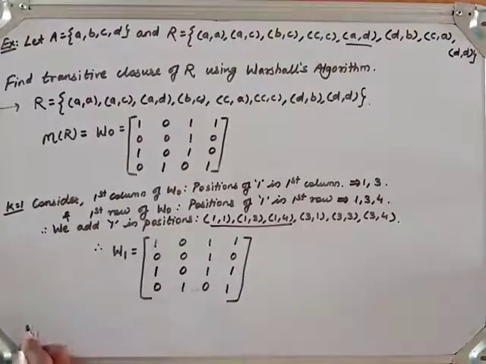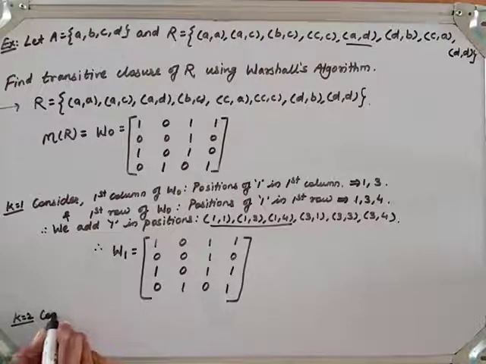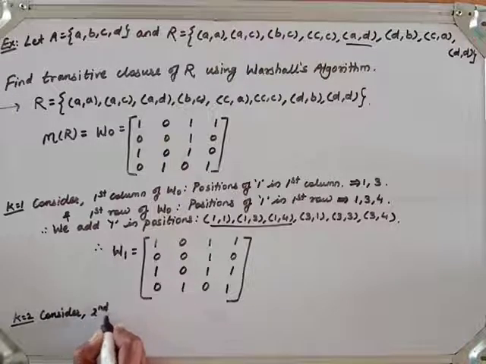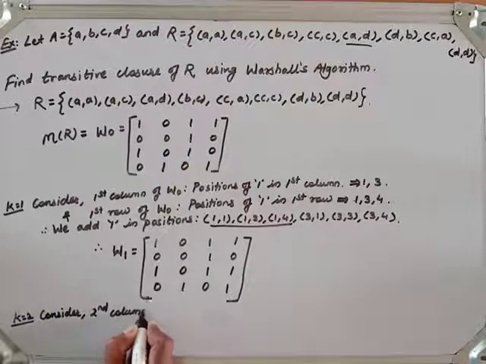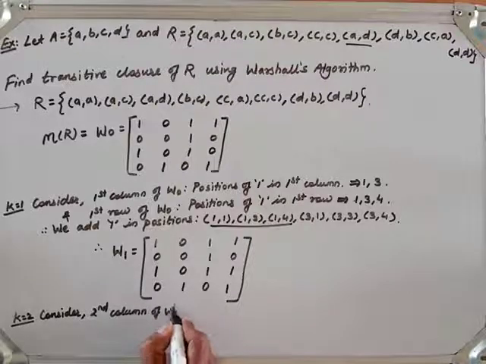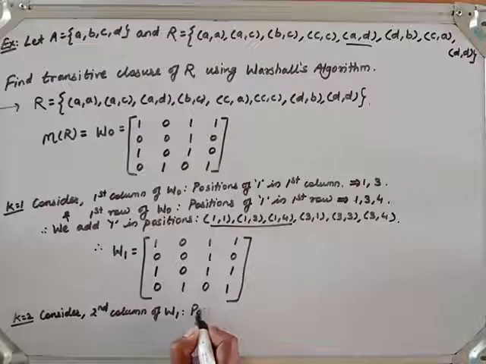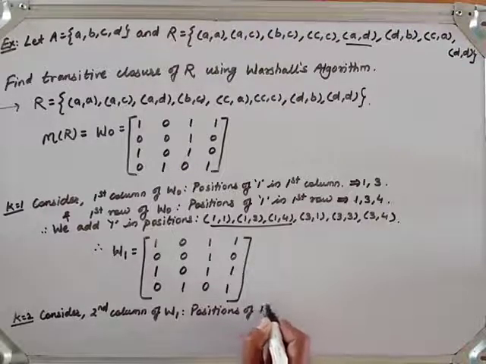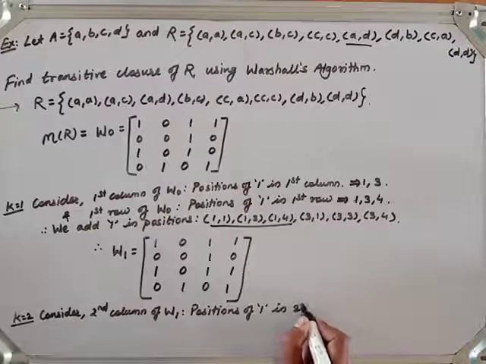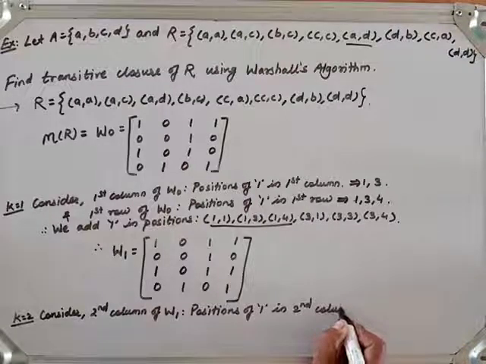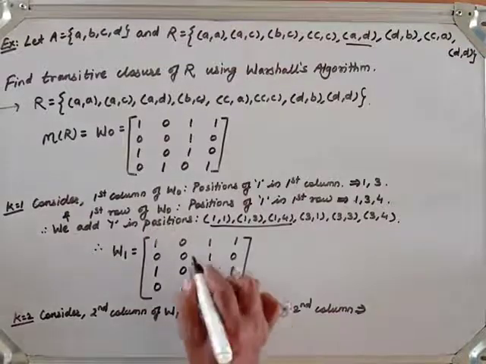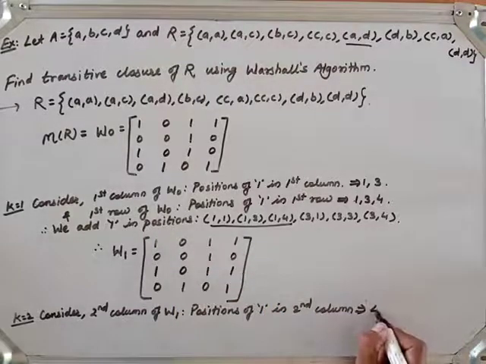This is our W1. Now consider k is equal to 2. Consider the second column of W1. Positions of 1 in the second column: this one, it is 4.